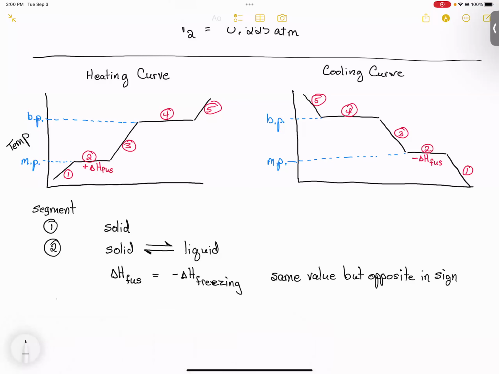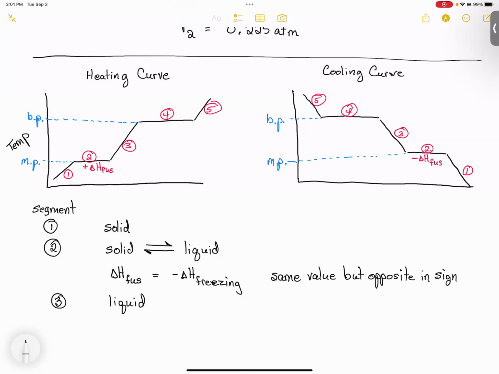So let's move to stage 3. Stage 3 is where you have a liquid. And I mean, you're used to heating up a pot of liquid on a stove from 25 degrees Celsius until it starts to boil.